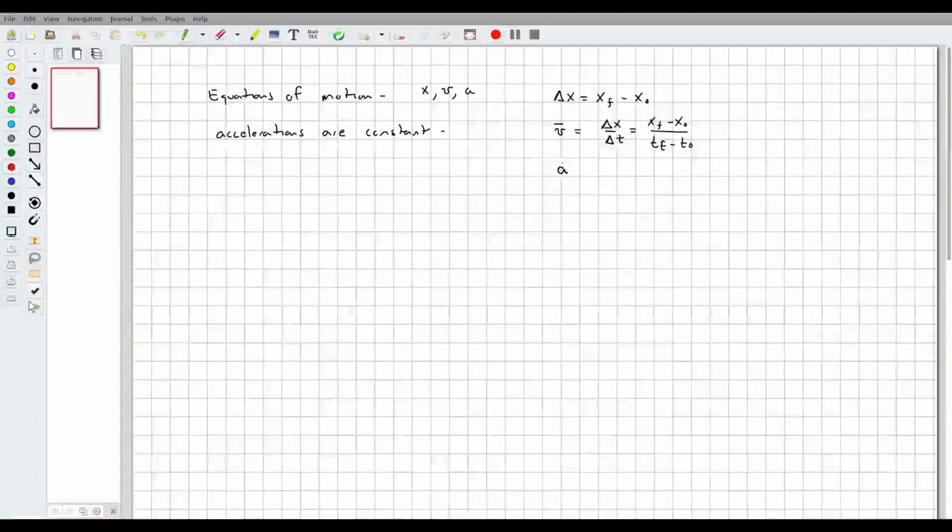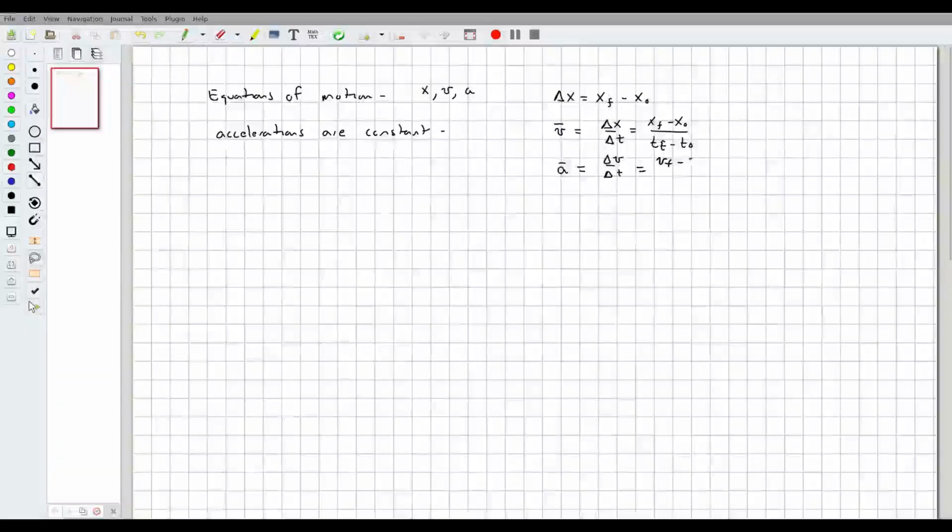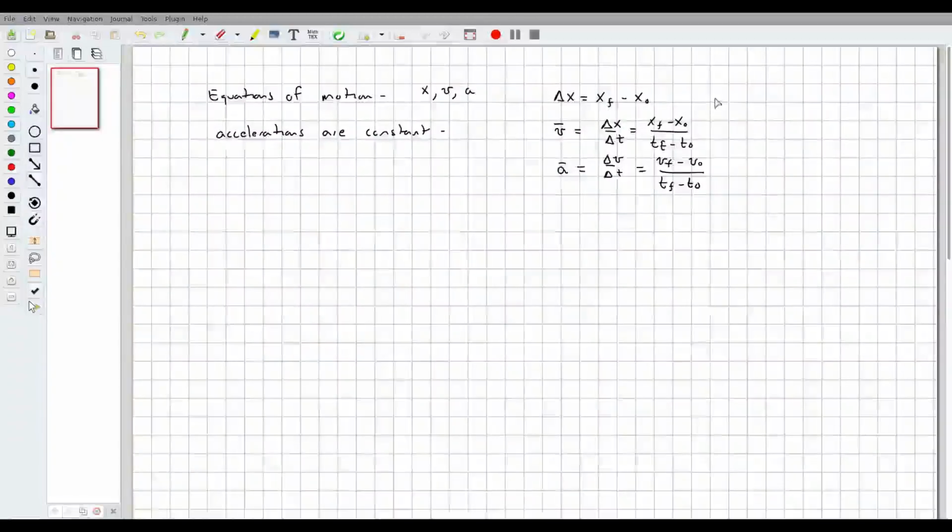Next, we came up with an equation for average acceleration, which looked like how your velocity changed with respect to time. Your change in velocity is vf minus v naught, and your change in time is tf minus t naught. Now, we're going to make some assumptions to make our life easy.